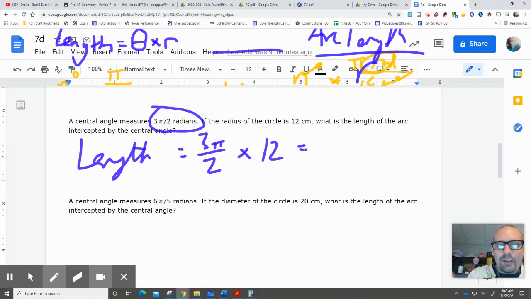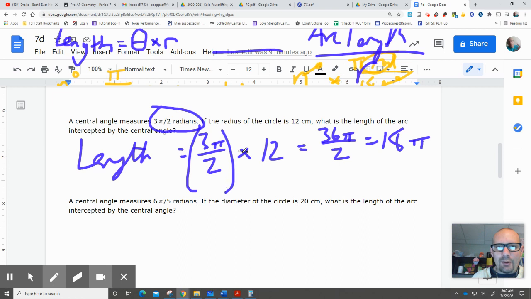So 3 times pi times 12 is 36 pi over 2. So 18 times 3.14 is going to be the length of our arc. Very simple. Radians times the radius gives us the length of our arc.